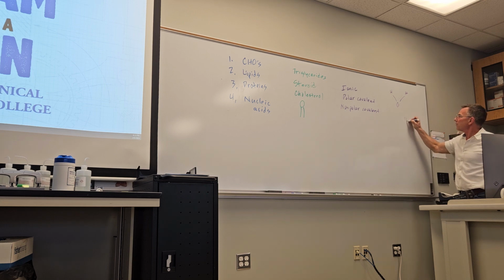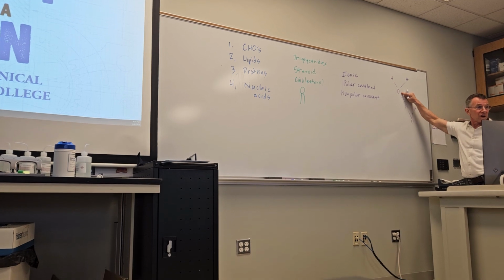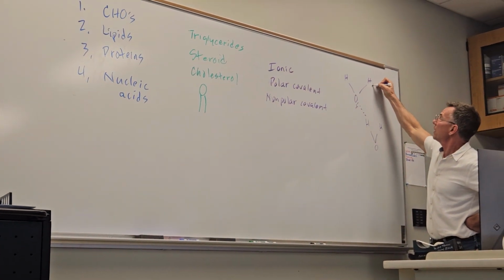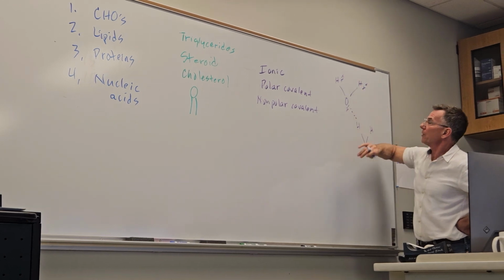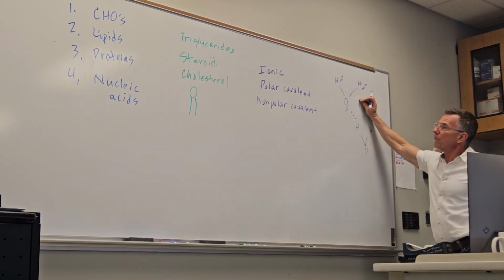Hydrogen bonds happen in between molecules. What is that bond? Polar covalent, because oxygen is an electron hog. It keeps the electrons around here a greater amount of time, so there's your delta negative and delta positive. So this is an example of a polar covalent bond.